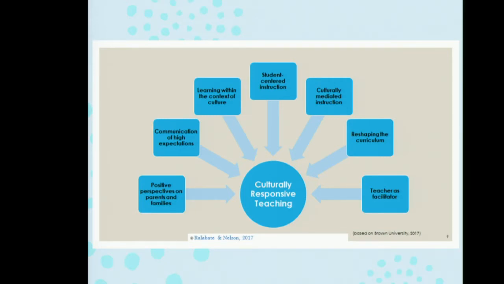Positive perspectives on parents and families, communication with families and the community, high expectations for all learners, learning within the context of culture, using student-centered instruction, using culturally mediated instruction, which we'll explain in a minute, reshaping the curriculum based on the culture and experiences of the students that you have, and the teacher acting more as a facilitator and guide of learning rather than a disseminator of learning.